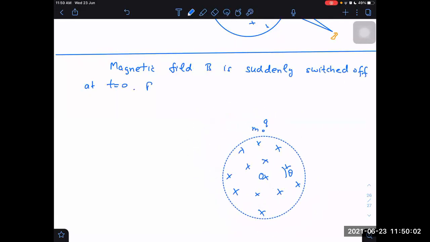Find the velocity, or momentum or kinetic energy, whatever.